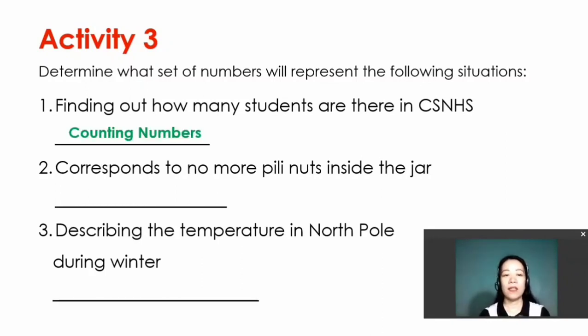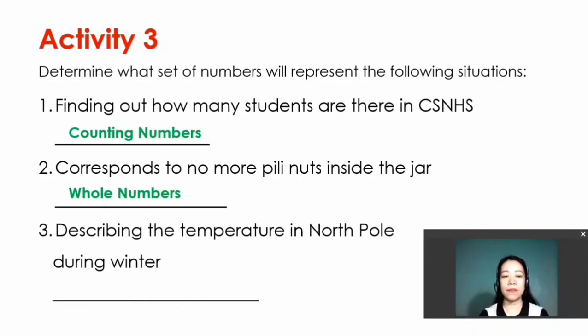Okay, so the answer is counting numbers. Next, number 2, corresponds to no more pili nuts inside the jar. So what subset of real numbers? Okay, so the answer is whole numbers.